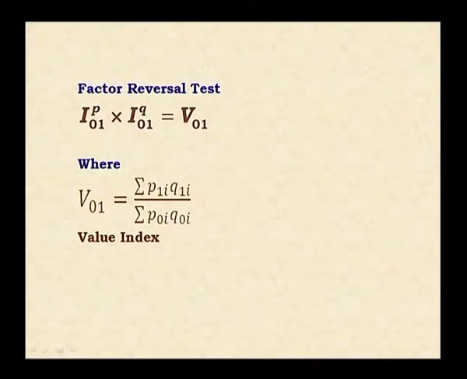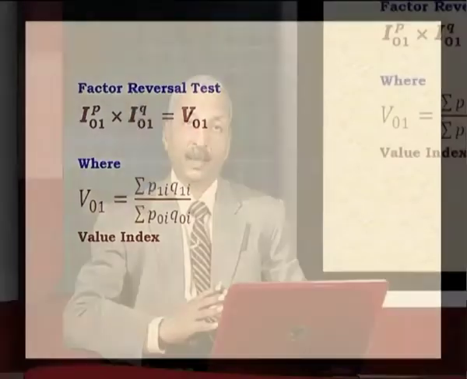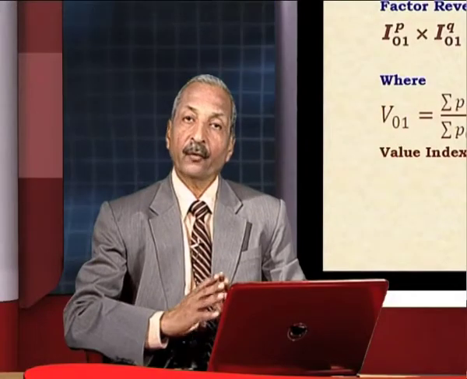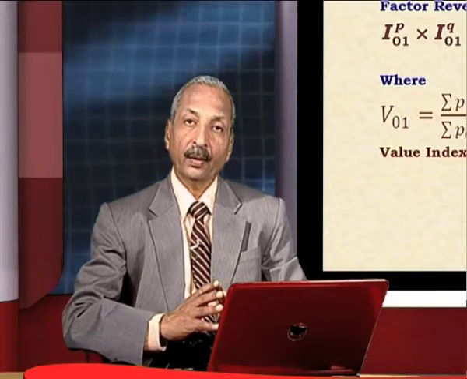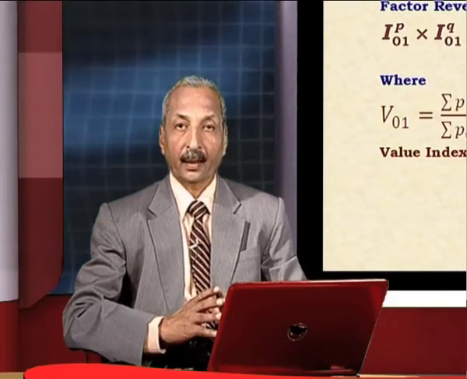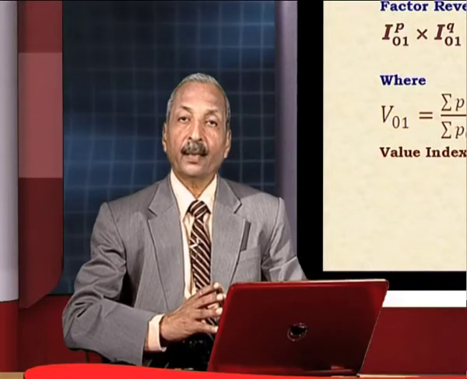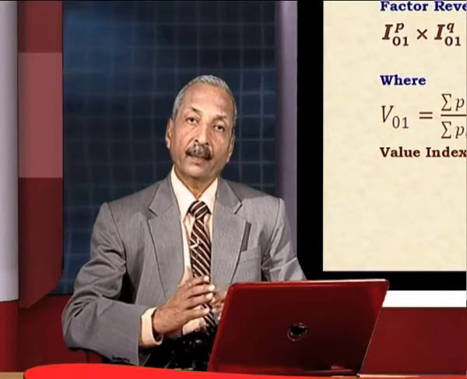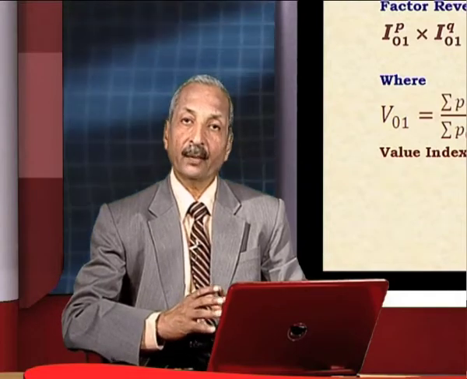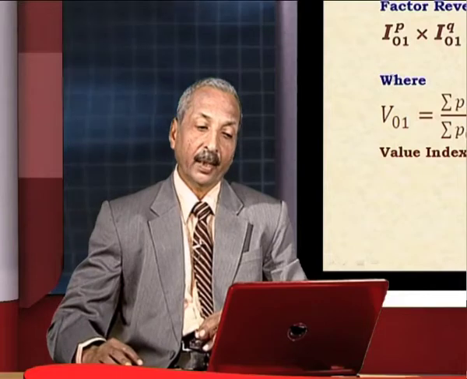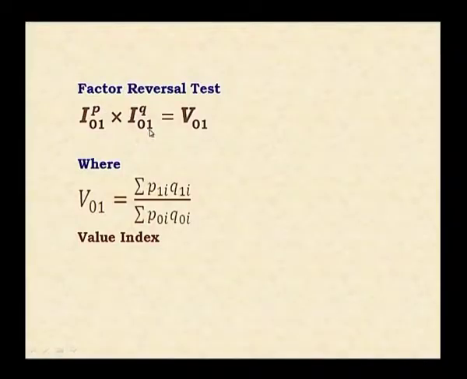That is, if we are using Fisher's ideal index number, then for price also we use the same index number, and also for the quantity index. The only thing is that in place of the prices we replace the quantities, but we use the same formula given by the same author while calculating I01P and I01Q.